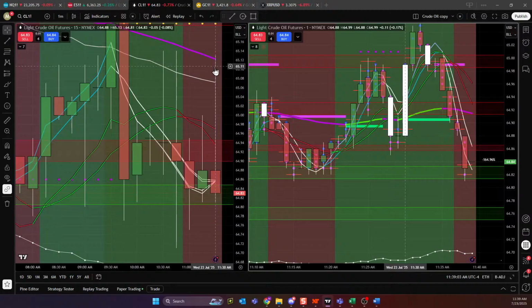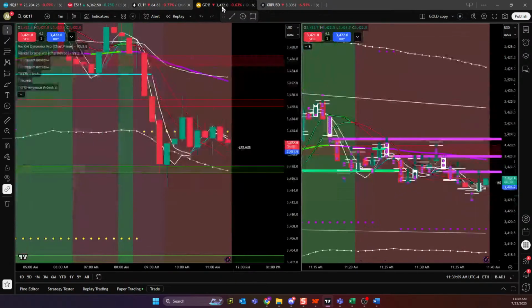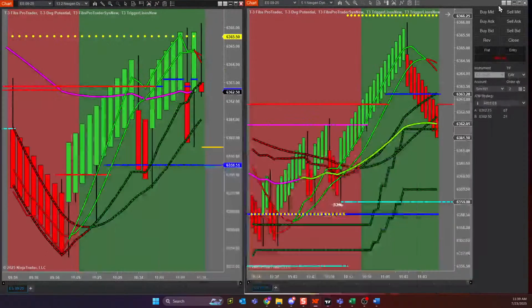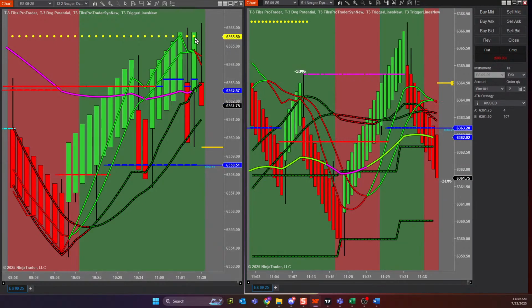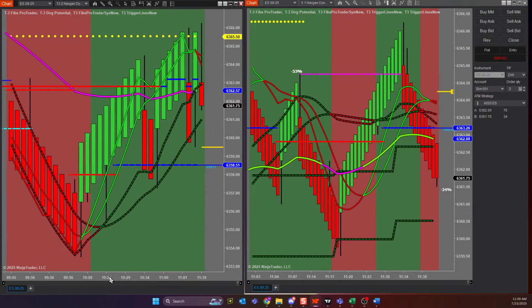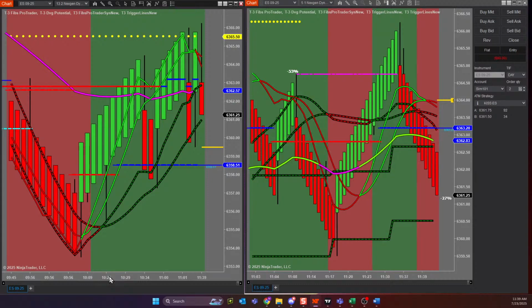In 15 minutes, we've had a lot going on. And the zone is still holding. And gold is going sideways. I love it. Ollie, that's 3 hits on it and no break.